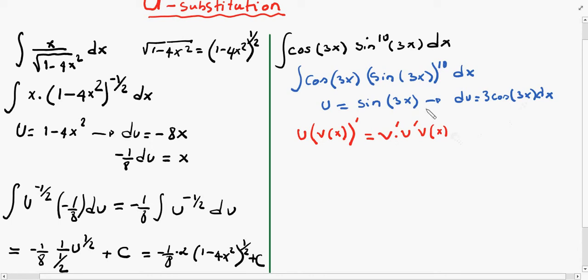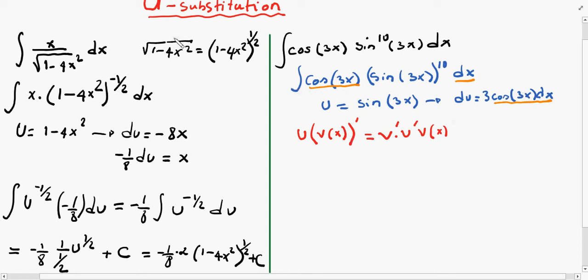So, like I was saying, in this derivative here, we have the 3 and the cosine of 3x dx, and this is the same thing here, right? So if you just rearrange it, you take this one to the top, in front, so it's going to be the same.